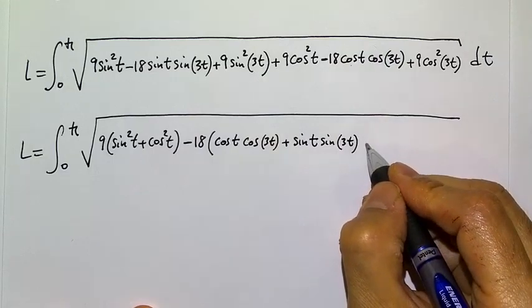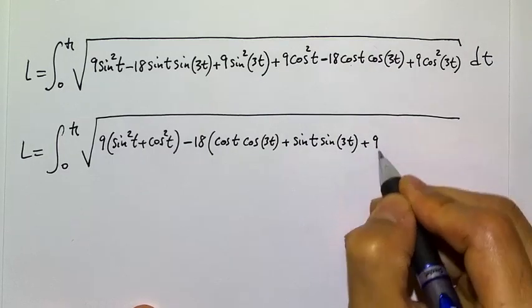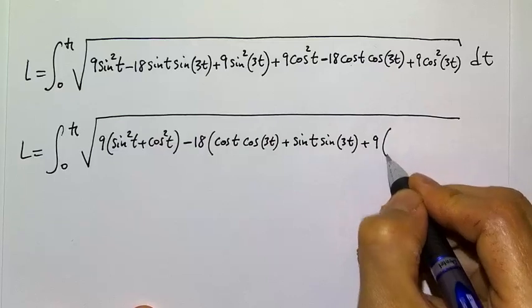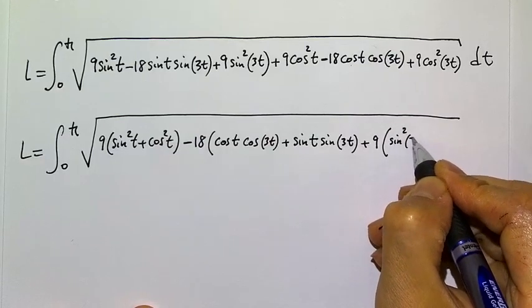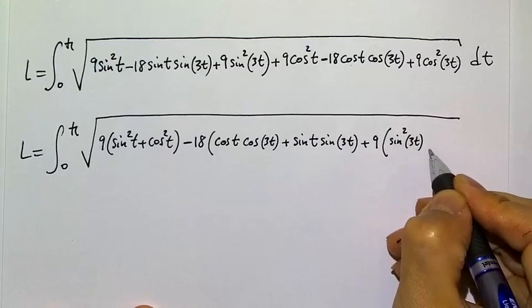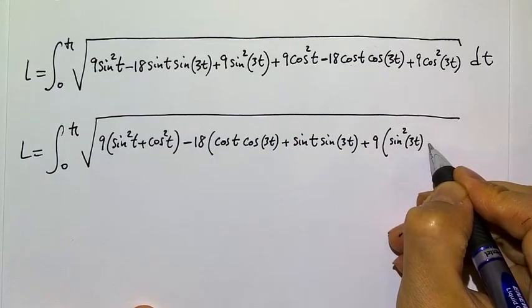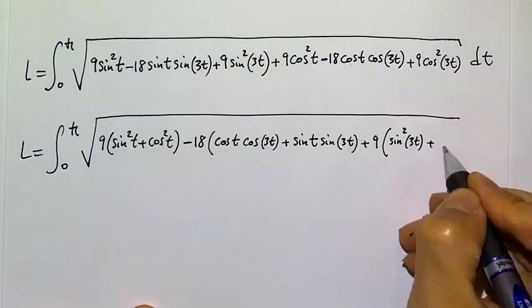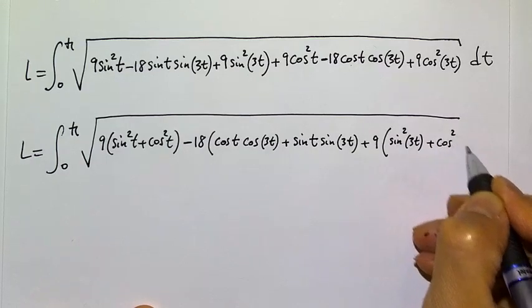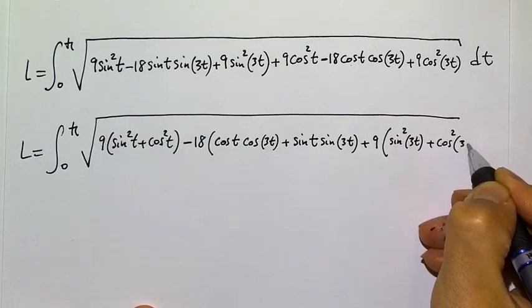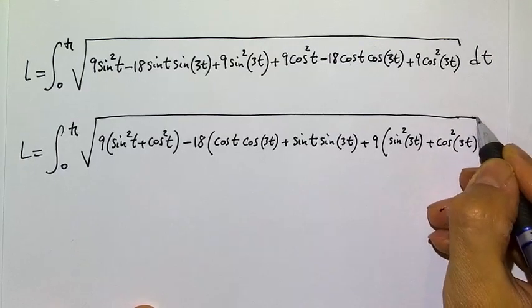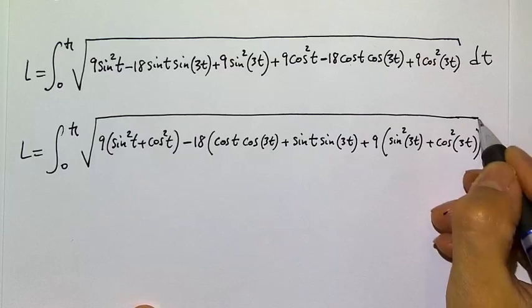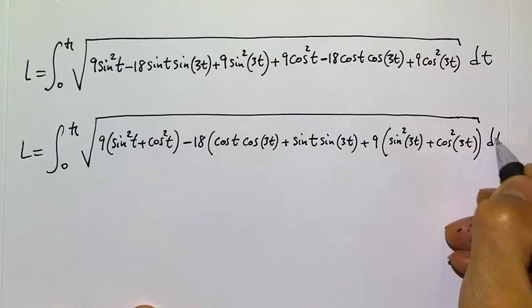Okay, so plus 9 times sine squared 3t plus cosine squared 3t. And then close parentheses, and of course dt.